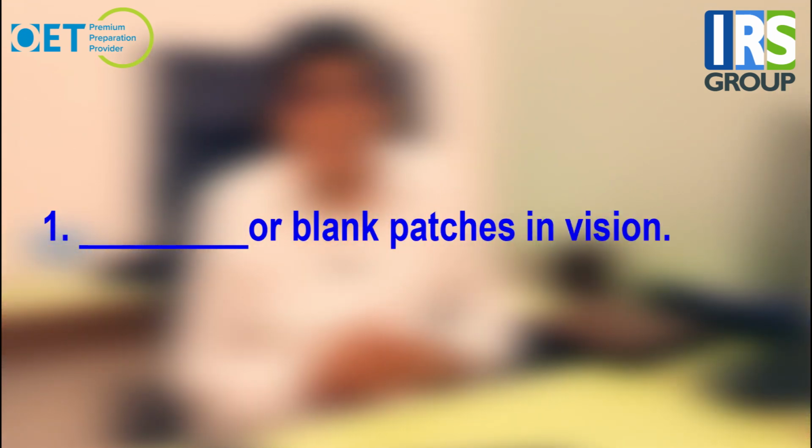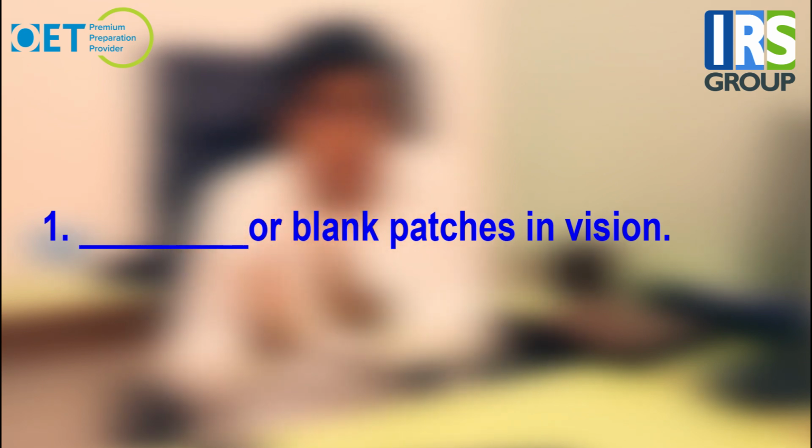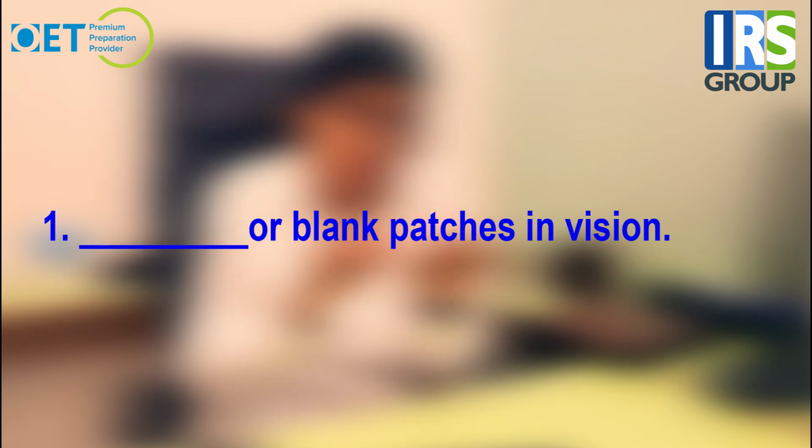Now let's look at questions 1 to 4. The first question says, dash or blank patches in vision. So you have one of the aspects that has affected the patient's vision, but one is a gap for you to fill in. So something closely related to blank patches is what you're going to fill in.